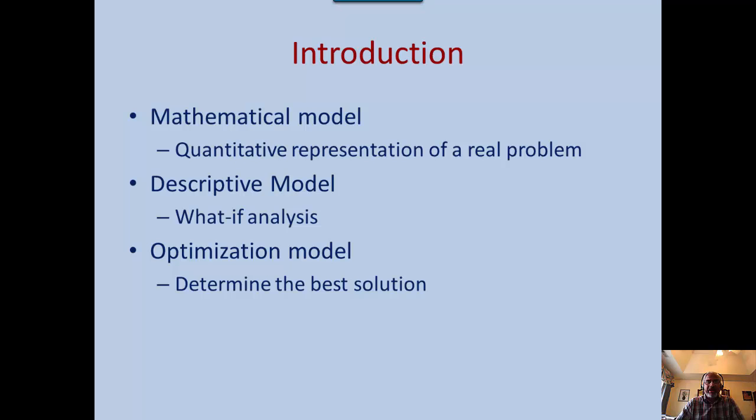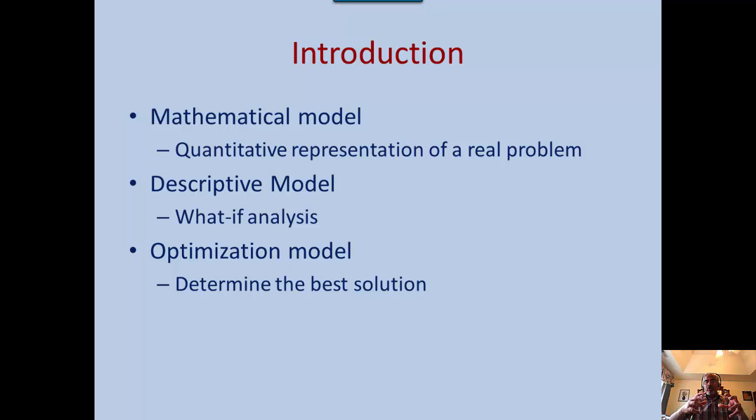So we have mathematical modeling, where we take a real world problem and represent it through mathematical equations or quantitative representation of the real world problem. Now, you can build this mathematical model with the purpose of doing what-if analysis. There may be several input variables that you may be able to change.